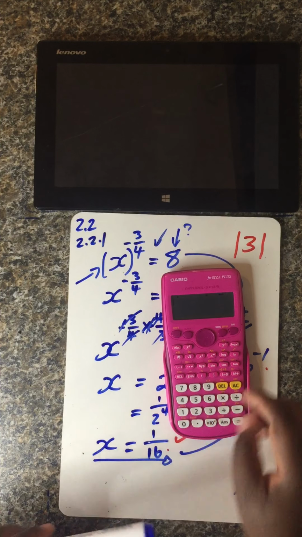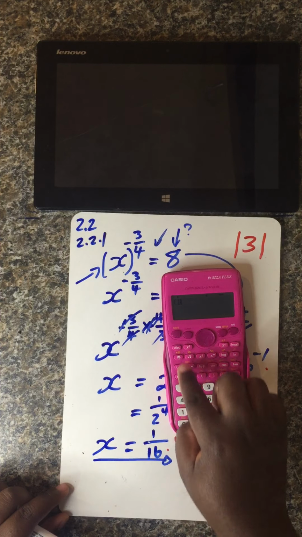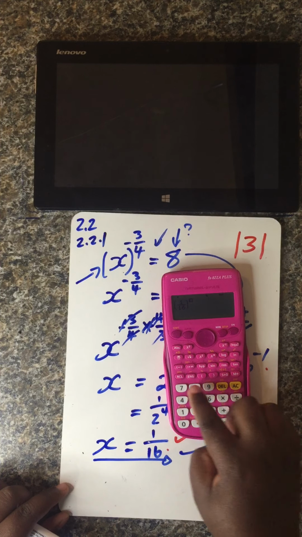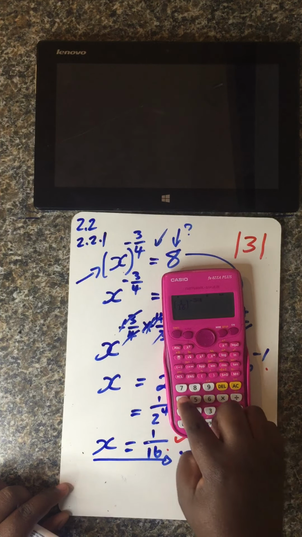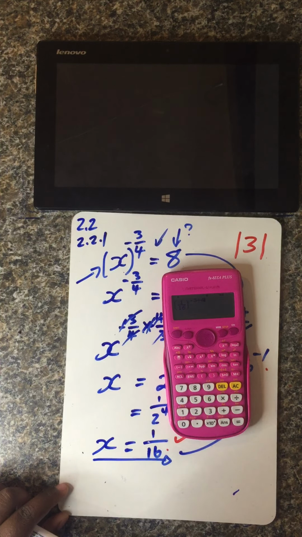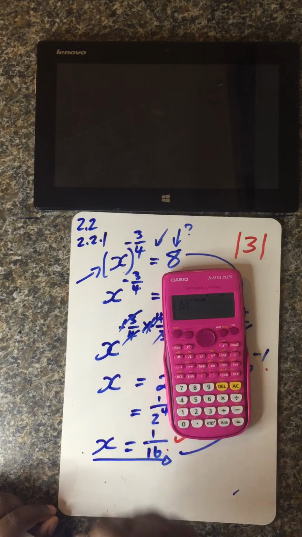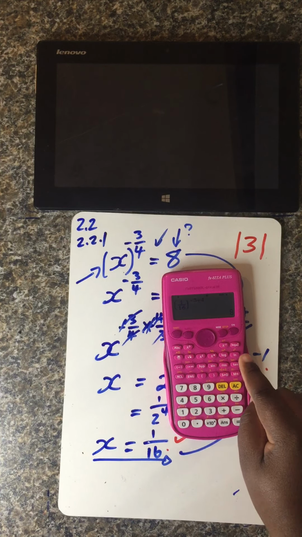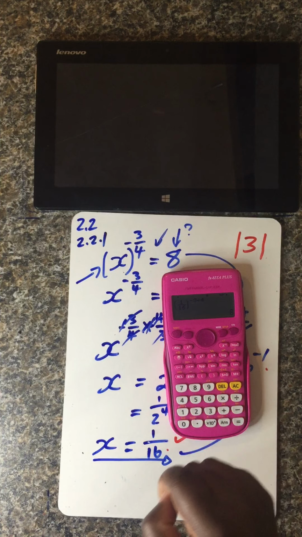Let's give it a try. (1 over 16) to the exponent -3 divided by 4. So when I punch an equal sign, I should get 8. If I don't get 8, I'm just quickly going to collapse. Can you see, guys? So that means our answer is 100% correct.